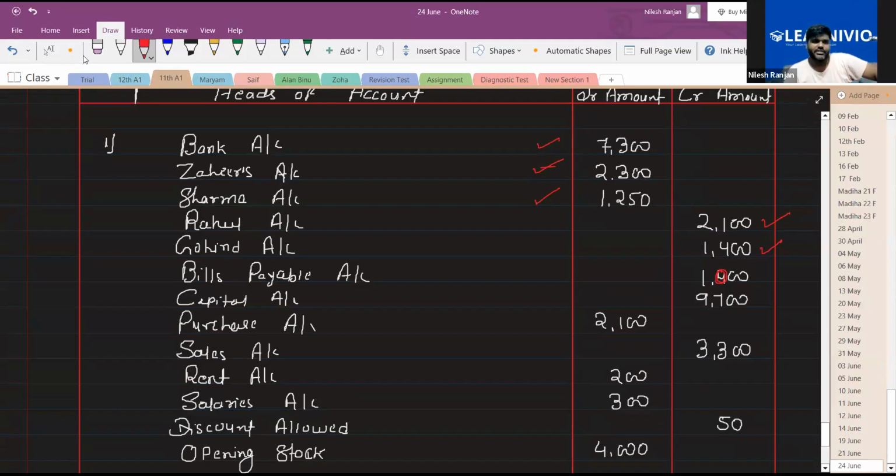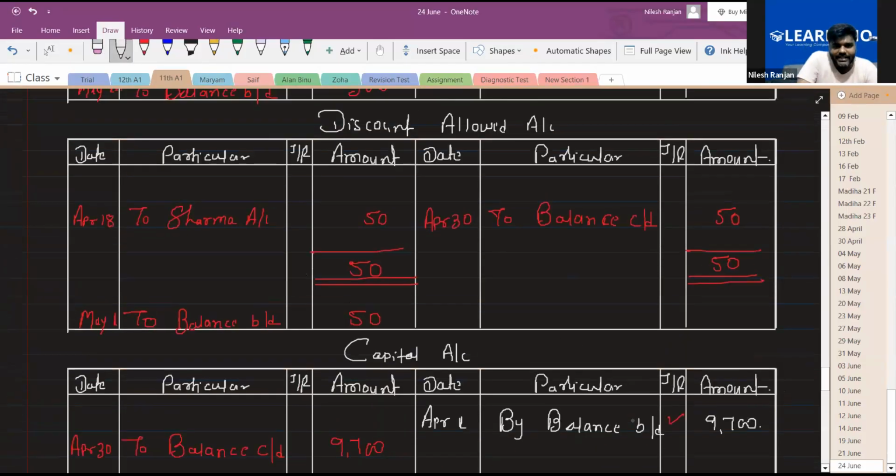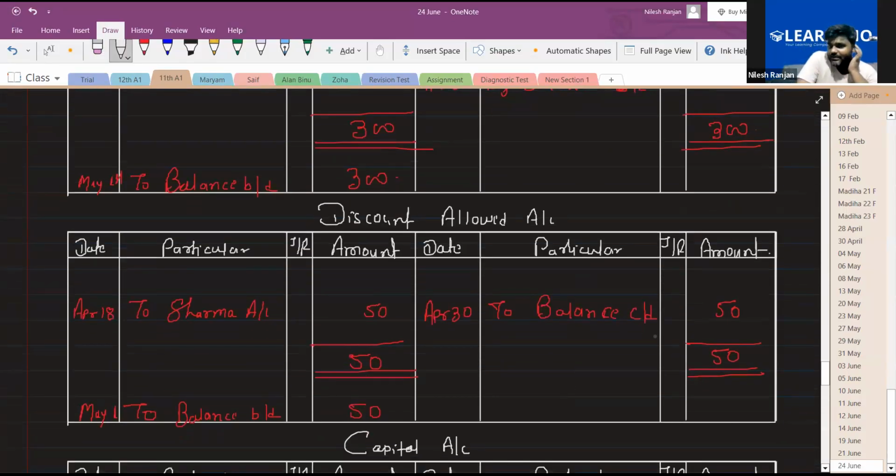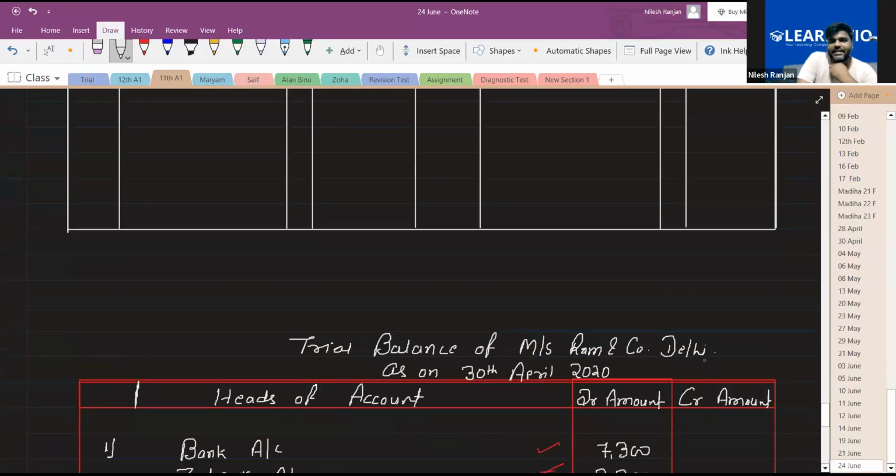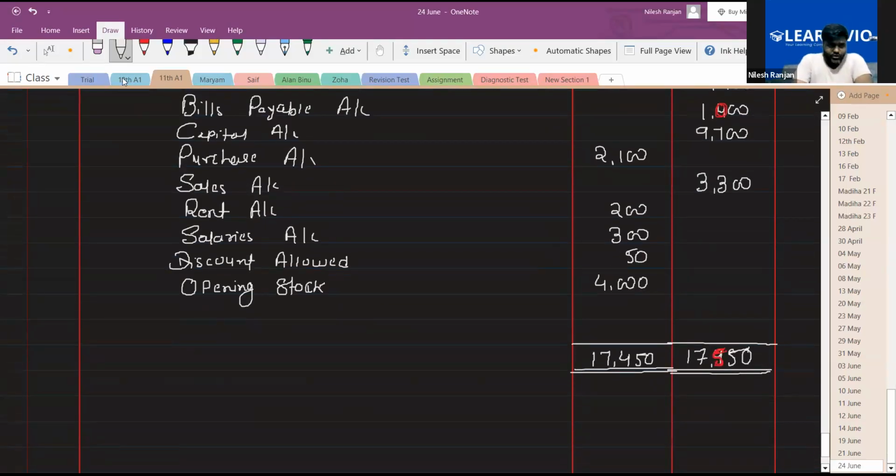Okay, yes, that's a mistake. Discount allowed 50 is on the debit side. It is written here as discount allowed, balance on the credit. I have written the same thing on the credit. So total is now 17,500.